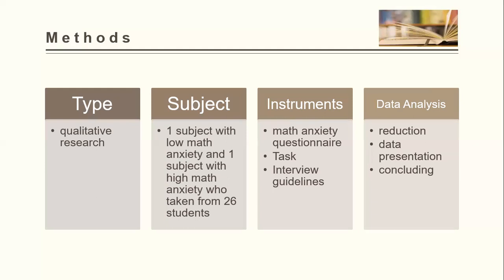Furthermore, from each group, one student was taken, with the consideration that both subjects had the same gender, where the subjects in the study were both female and had equal mathematical abilities.